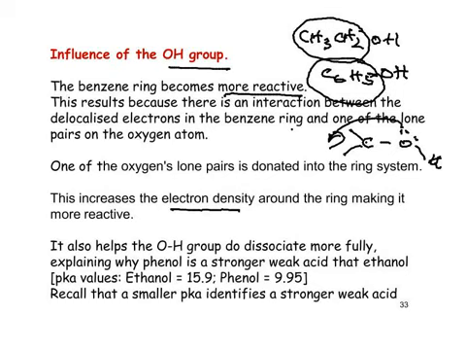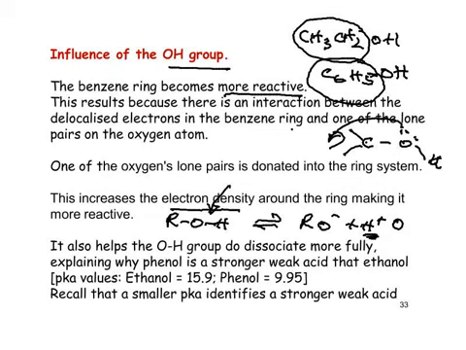It also helps the OH group to dissociate more. An alcohol can have acidic properties as a result of a weak dissociation where we get RO- plus H+, and the more this OH bond breaks, the more of this H+ you'll get, and the stronger it will be as a weak acid. So it also helps the OH group to dissociate more fully, explaining why phenol is a stronger weak acid than ethanol.